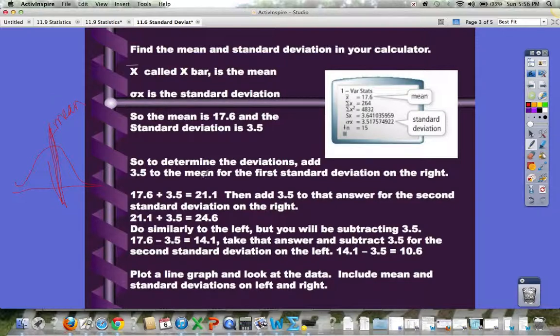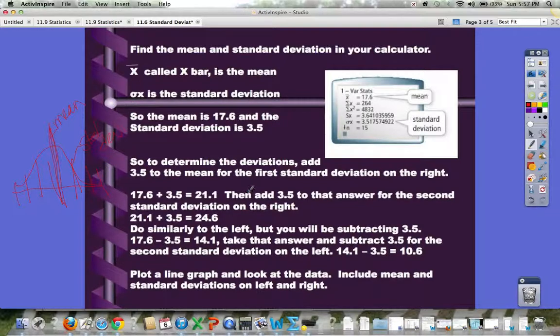Standard deviation is how much something is away from that mean. You will have 3 lines to the right and 3 lines to the left, and each one of these lines will represent a standard deviation.